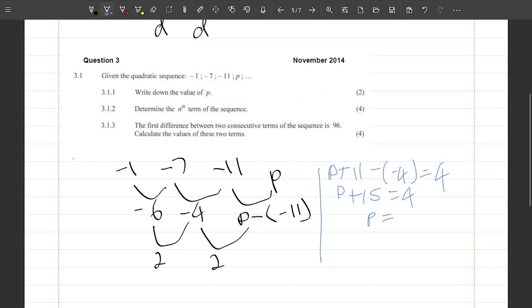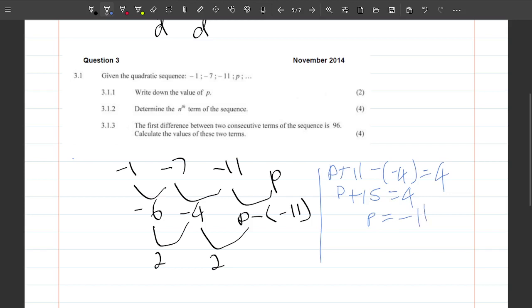Okay, so I get a negative 11. So that's a 4 minus 15, and that gave me a negative 11. But we're going to test this out in a bit by means of using the nth term. So I'm just going to jot that down, so we're not really that sure about it. I got a negative 11 again.